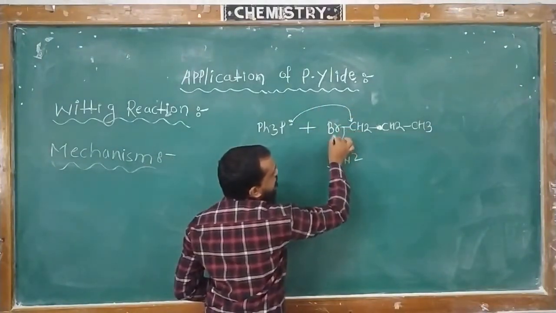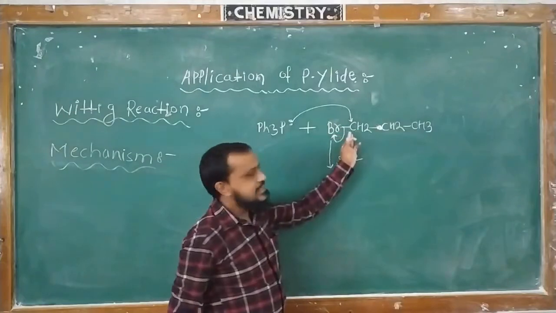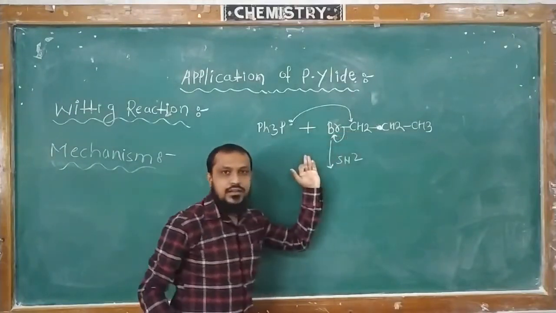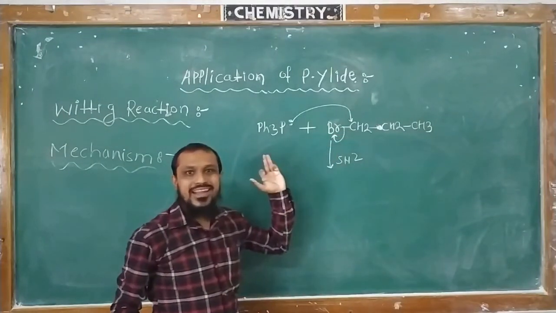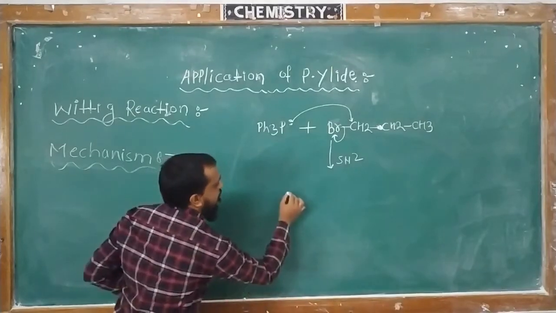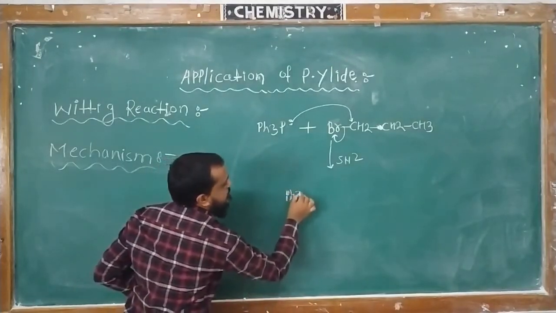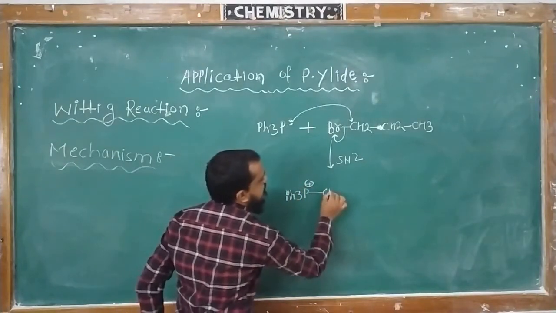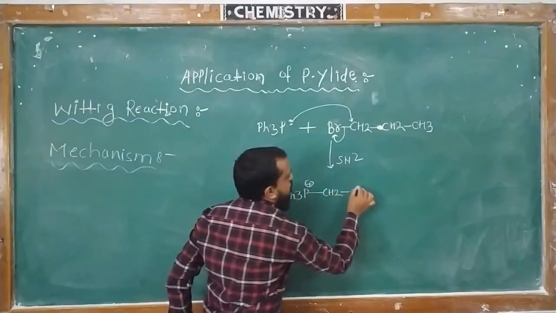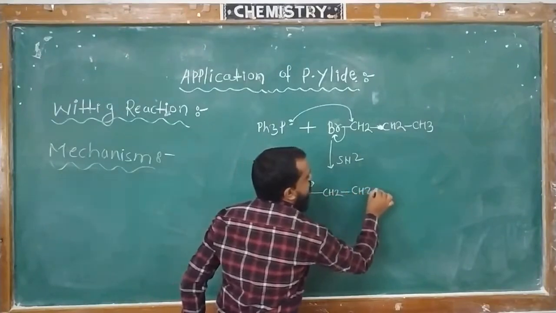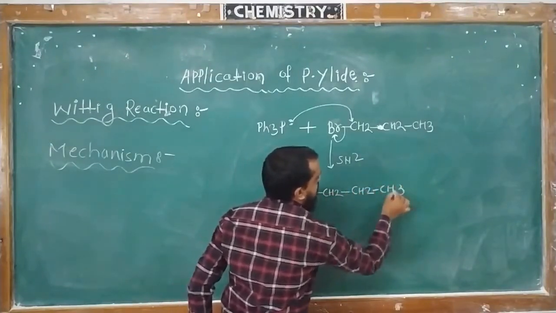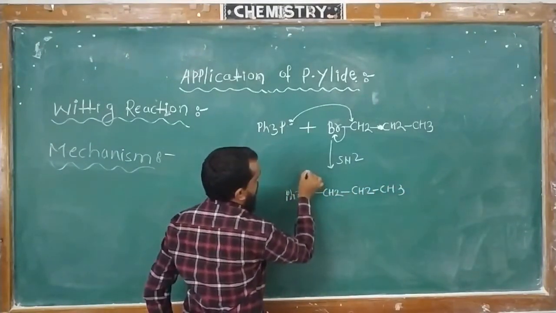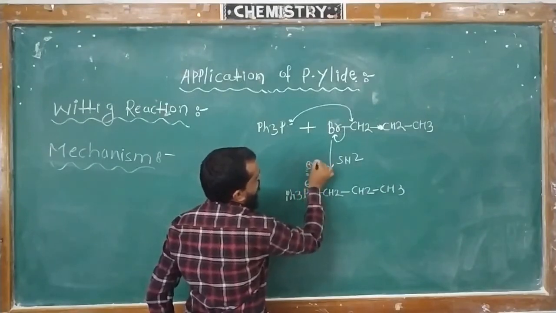Simultaneously, bromine is detached from this carbon atom, and we get the phosphonium salt as an intermediate: PPh3 positive, CH2, CH2, CH3, Br.